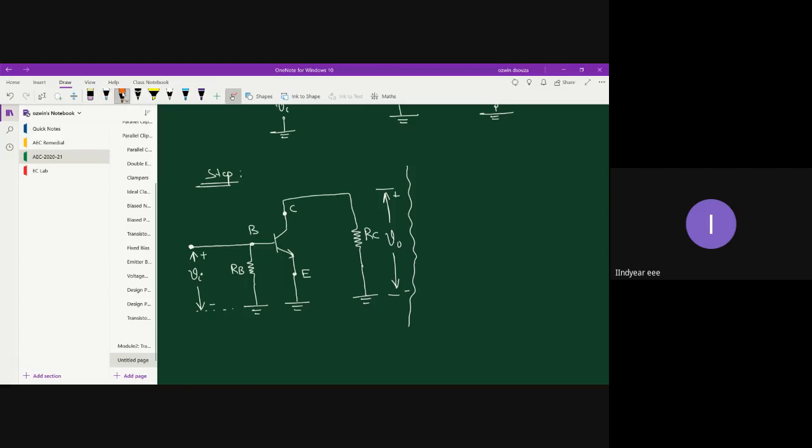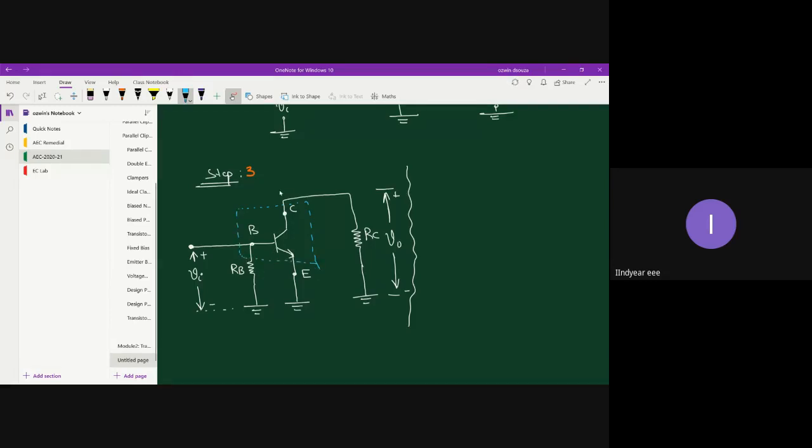Now you have rearranged the circuit in an appropriate way. Now you have to finally replace the transistor symbol with the equivalent re model. This is my two-port device, correct?